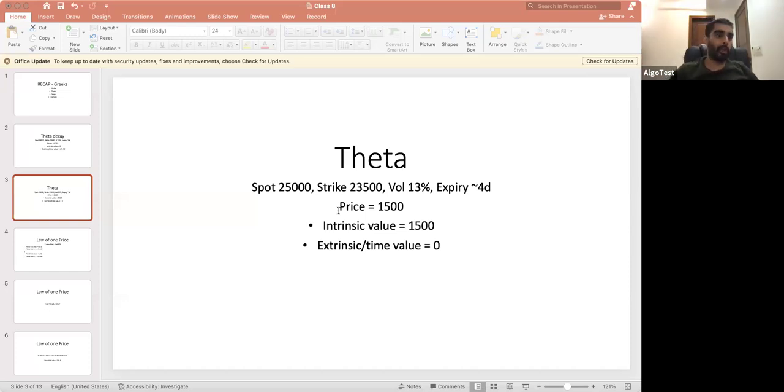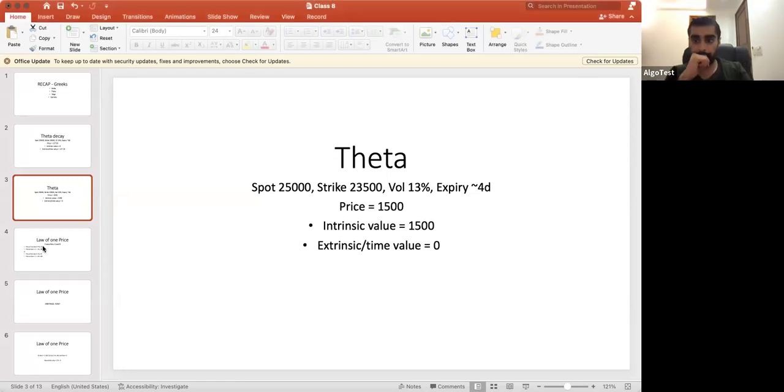Options are a very dynamic instrument, but these two are the ones that people confuse the most. And for guys doing zero DT, these two are going to drive your P&L more than anything else. And they're offsetting forces.